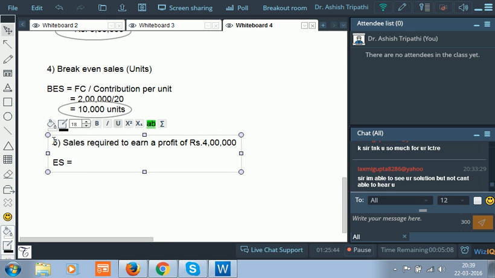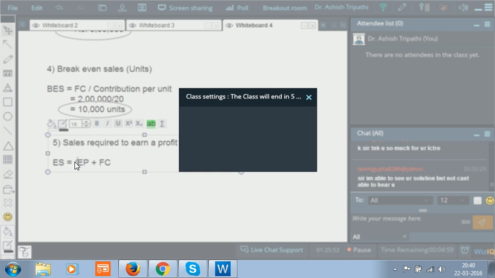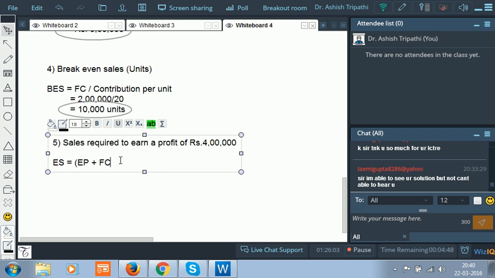The formula of expected sales is equal to expected profit plus fixed cost upon PV ratio.